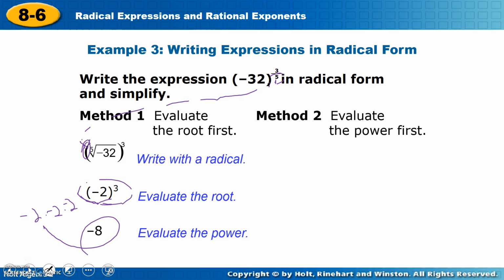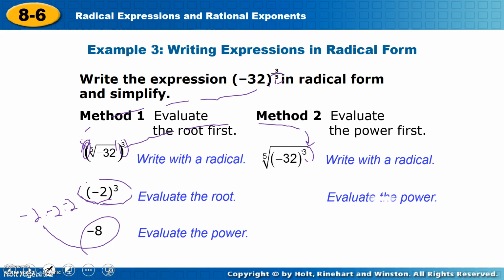And sometimes you might prefer to do it using this second method, and that would be to actually evaluate the power first. So we would set it up. You notice this time, however, that we took this power of 3 and we put it actually under the root itself. So now what you're going to do is raise the -32 to the 3rd power.